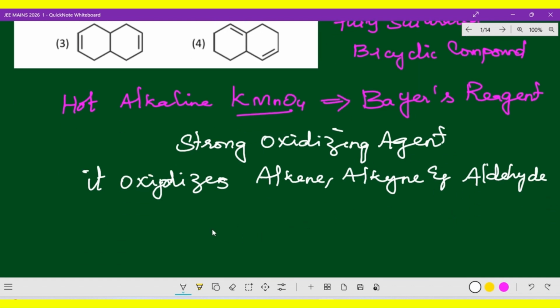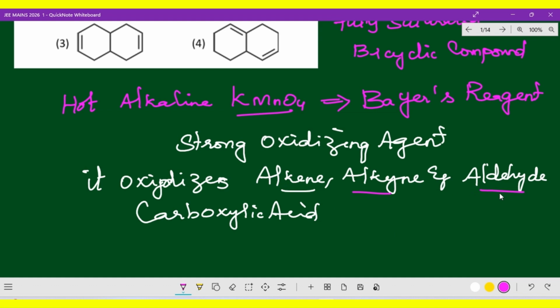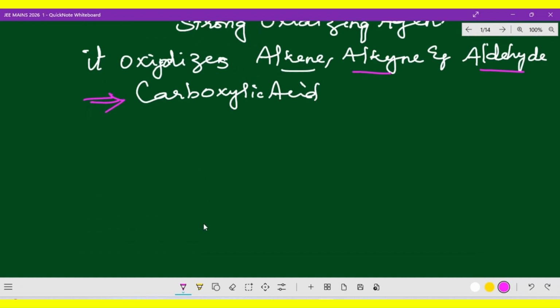That means the double bond, triple bond, and aldehydes, CHO, which also has a double bond with oxygen, will be converted to carboxylic acid. So wherever an adjacent carbon has a double or triple bond, carboxylic acid will be attached. Here I will draw the structural formula for you to understand.